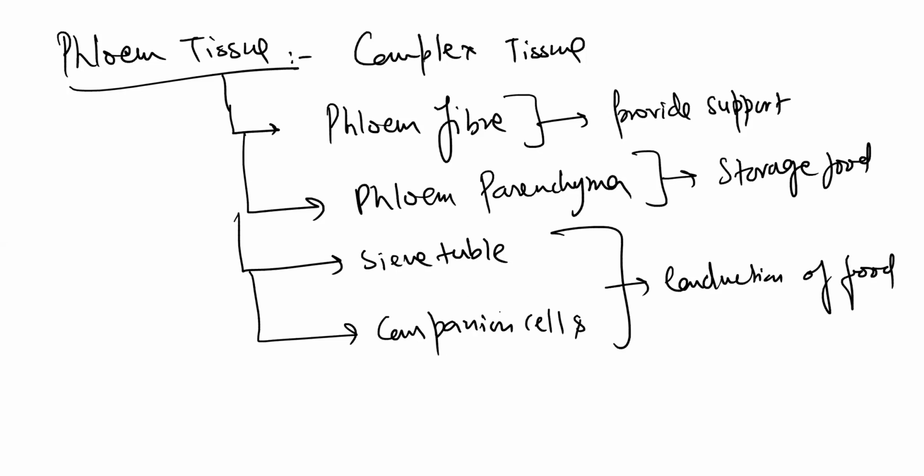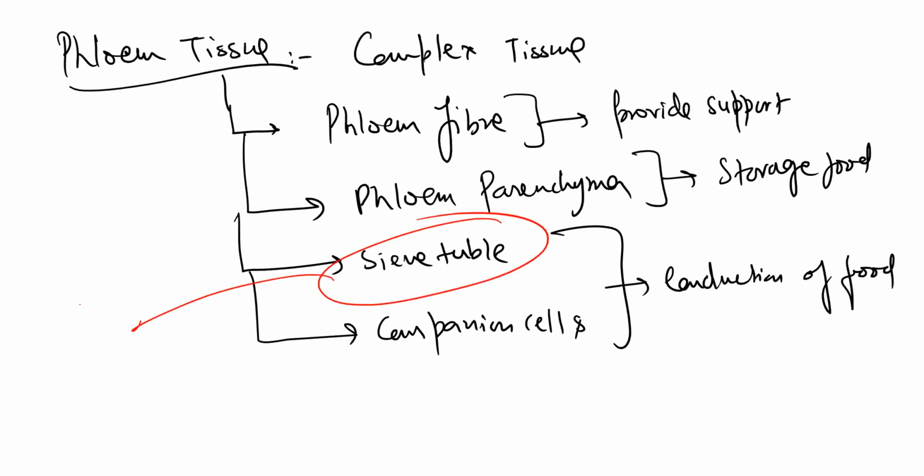Why have these cells been named companion cells? Because at maturity, sieve tubes lack a nucleus, meaning they don't have a nucleus. At maturity, sieve tubes lack a nucleus.